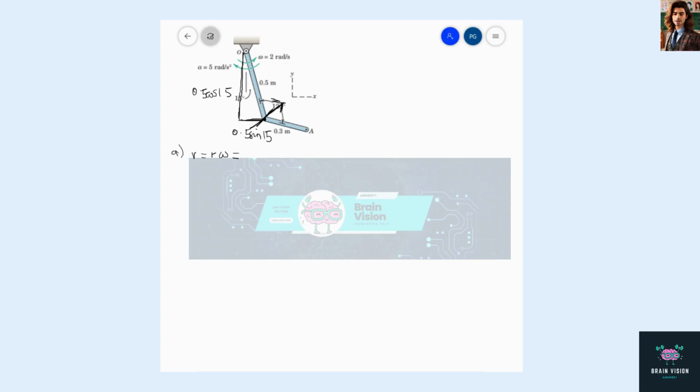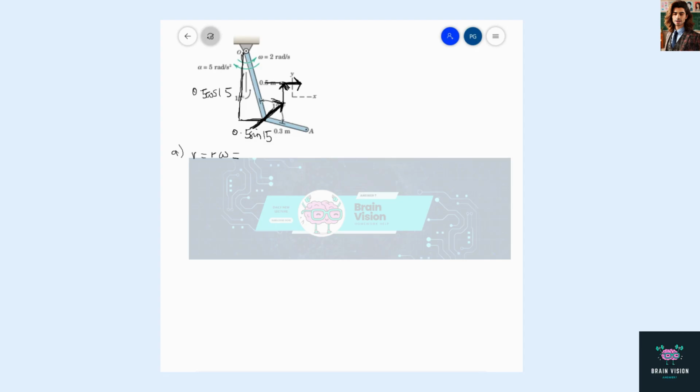So we can break this velocity vector into two components, the vertical and the horizontal. So it's going to be up and right. And let's take the horizontal component first. The radius is going to be this vertical line.